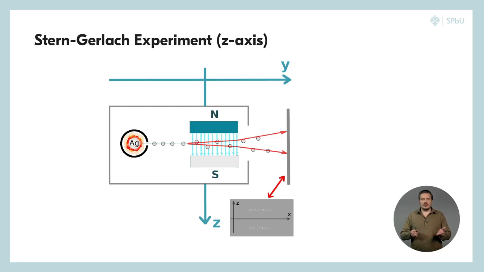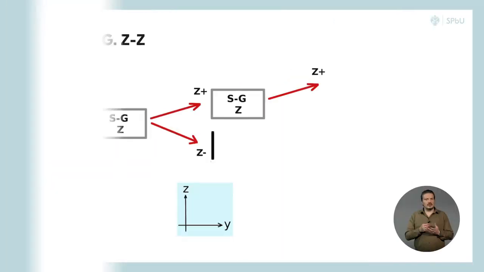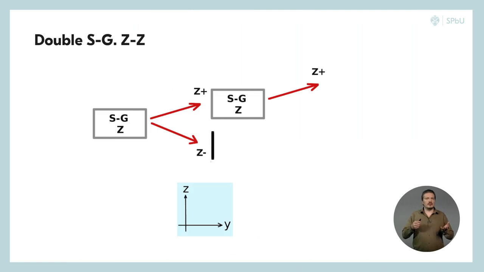Well, first we need to build more Stern-Gerlach apparatus. And we will place them one after another. The thing we are going to adjust in these different apparatus is the direction of the magnetic field. In the first experiment, we are going to place two identical apparatus one after another.